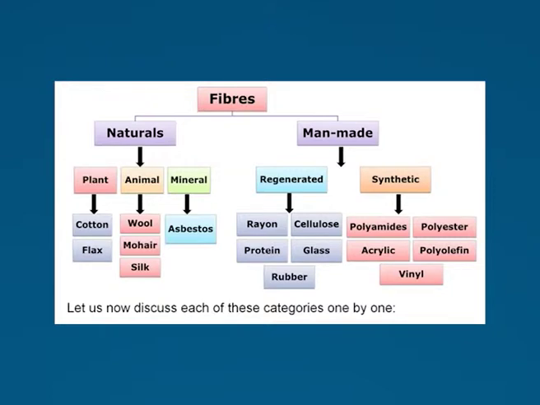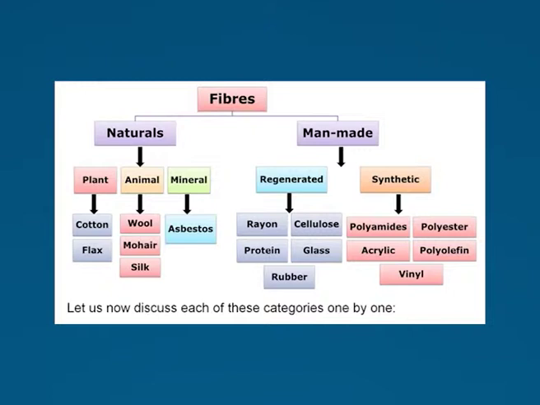Now, accordingly, the natural fibers are divided into plant fibers, animal fibers and mineral fibers. The plant fibers are, as an example, we can consider cotton and flax. From animal fibers, we can consider wool, mohair and silk. Mineral, asbestos.